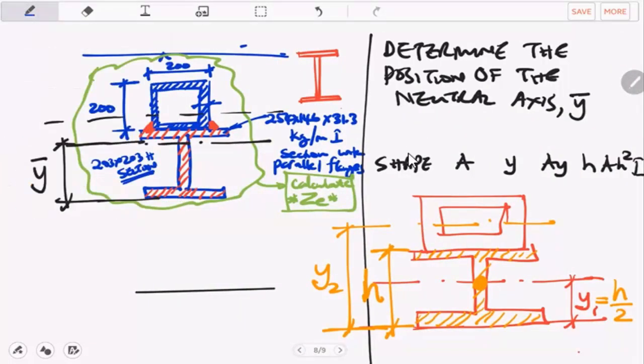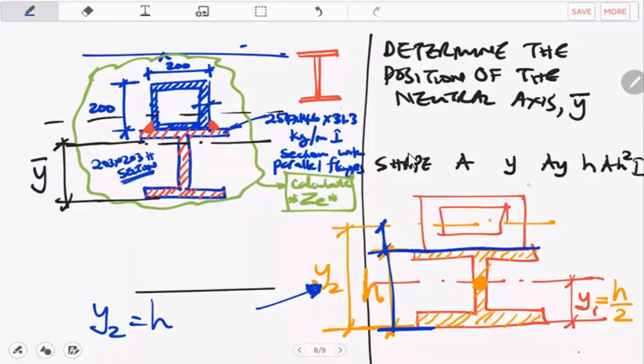Now, let's look at how we build up the value of y2. Y2 is going to be equal to h1. Why am I saying h1? Because the distance from the base goes to the bottom of that square section, so that overall distance is h1, plus we also want that small distance.